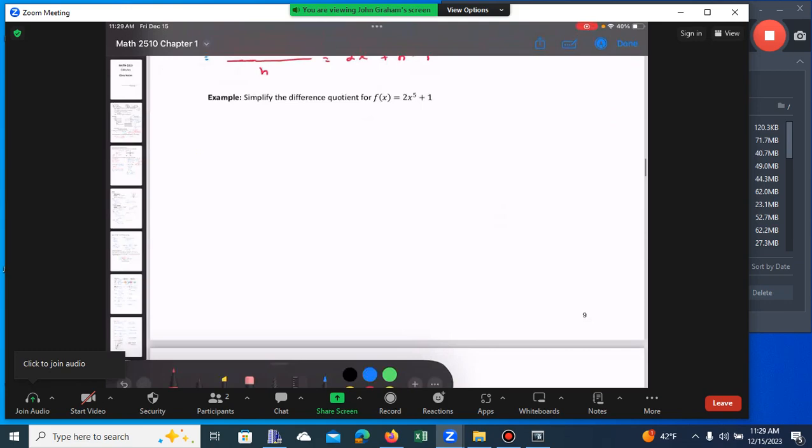And then the last thing, simplifying the difference quotient for f of x equaling 2x to the fifth plus 1. Now, we already did, well, I could do it in a minute here. Let me write this out. 2 times (x plus h) to the fourth times, jumping ahead, (x plus h) to the fifth plus 1 minus (2x to the fifth plus 1) over h.